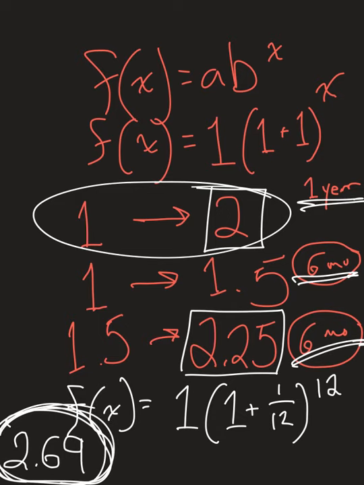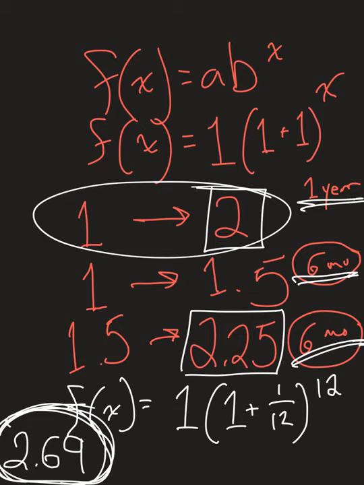That's pretty awesome. So the point here, the lesson here, the takeaway is the more frequently you can collect interest, the better. We went from once a year, we had 2, to twice a year, we got 2.25, to 12 times a year, we got 2.69.